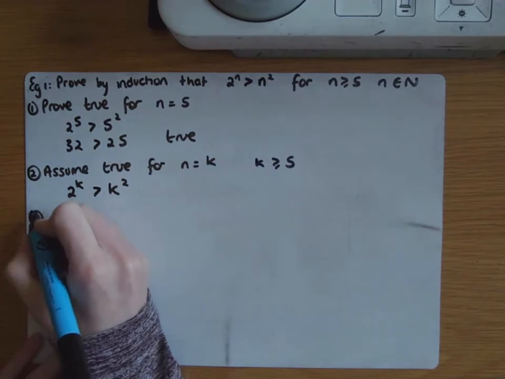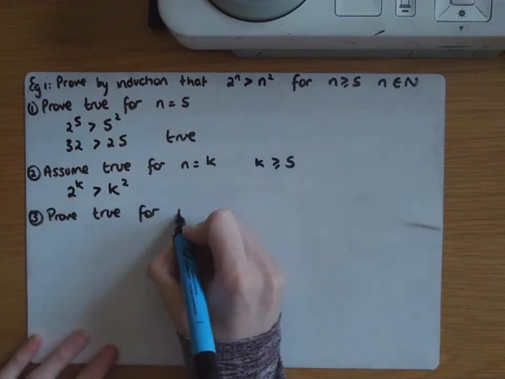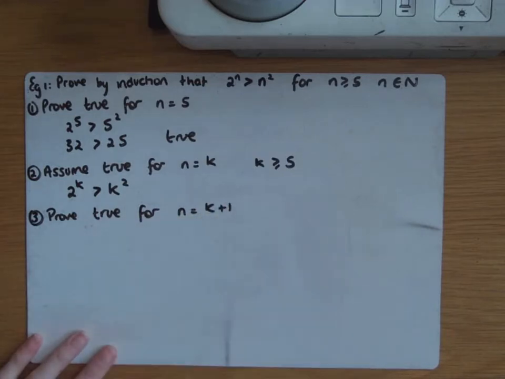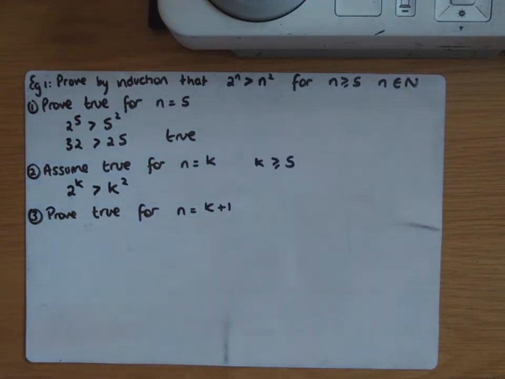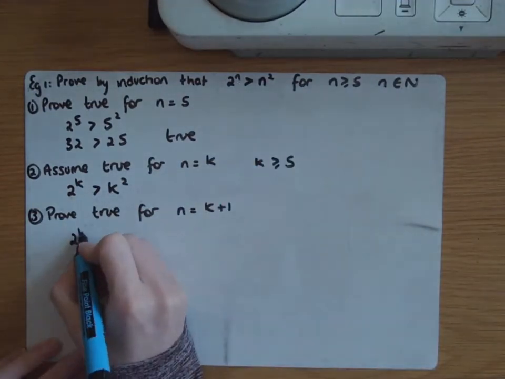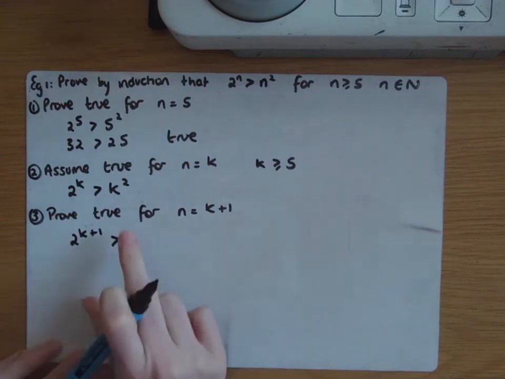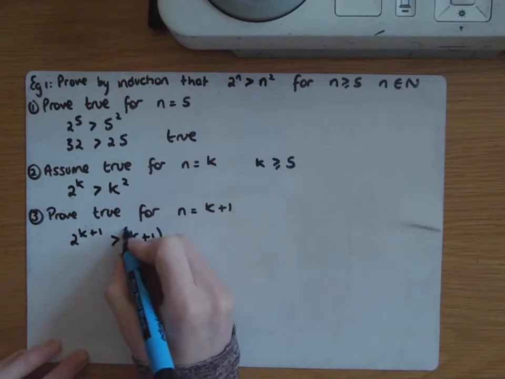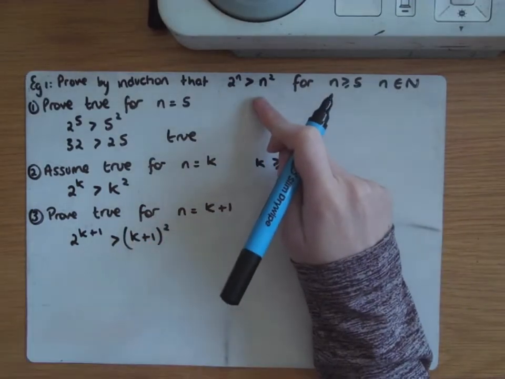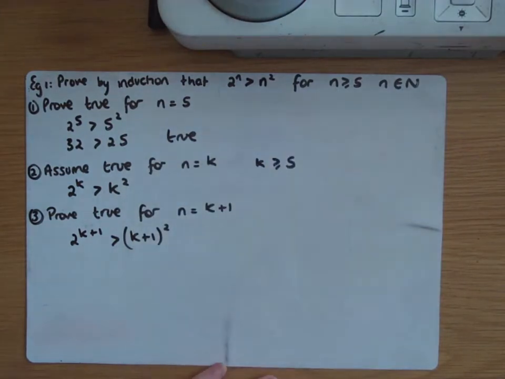And 3, prove true for n is equal to k plus 1. So we're going back up here and putting in k plus 1. 2 to the power of k plus 1 is greater than k plus 1 to be squared. So instead of n you're putting k plus 1. So we're proving that true.